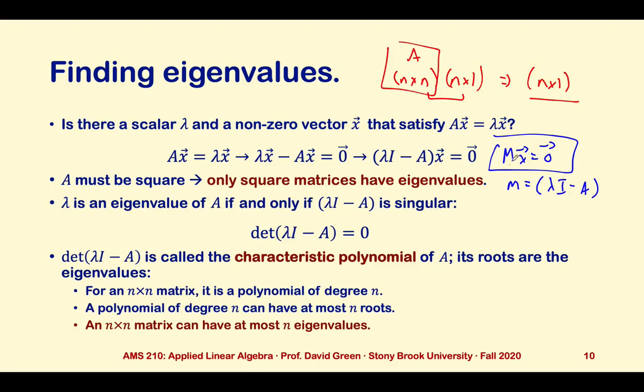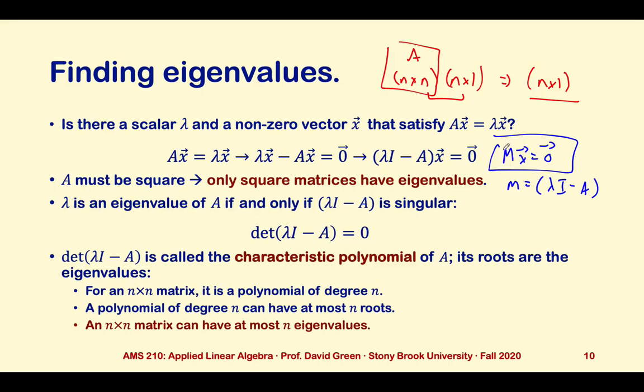If M is non-singular, then this system has a unique solution of only the 0 vector. So if this M matrix, lambda I minus A, is non-singular, there is no non-zero vector that satisfies this. The only way we can have a non-zero vector that satisfies this equation is if M is singular.